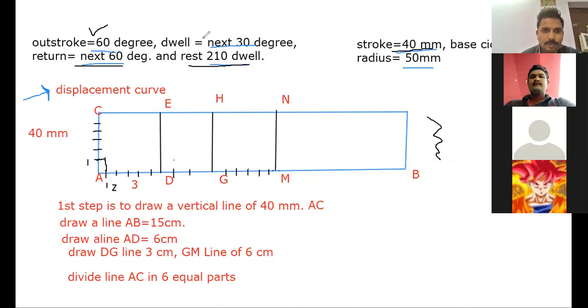So we just need to join these points. Now the second point would be meshing with the second point here. Third point with the third point here. Fourth point on the AC line with the fourth point here. Fifth point with the fifth point here.